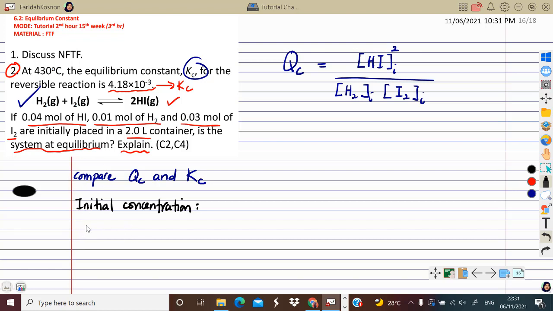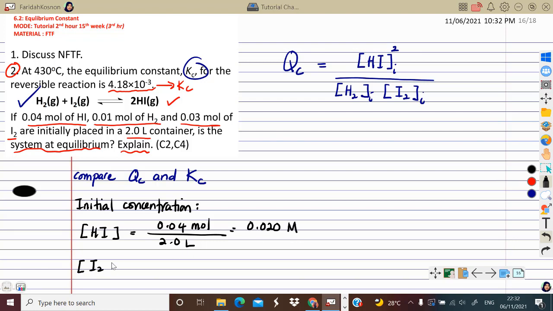Okay, jadi kita start dengan hydrogen iodide. You tunjukkan dalam kerja. For hydrogen iodide 0.04 mole, divide by 2.0 liters. Suppose you will get 0.020 molar.